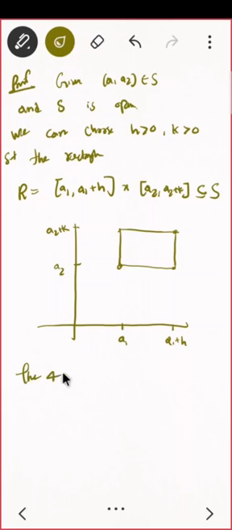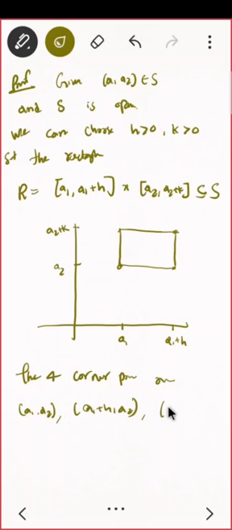The 4 corner points are: the first one is (e1, e2). The second one is (e1 plus h, e2). Then (e1, e2 plus k), and next (e1 plus h, e2 plus k).